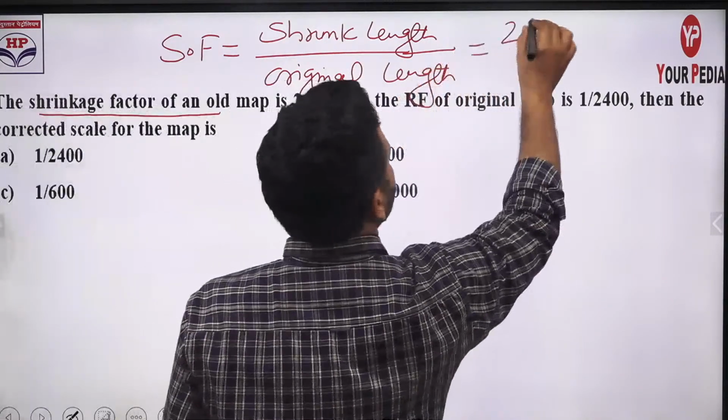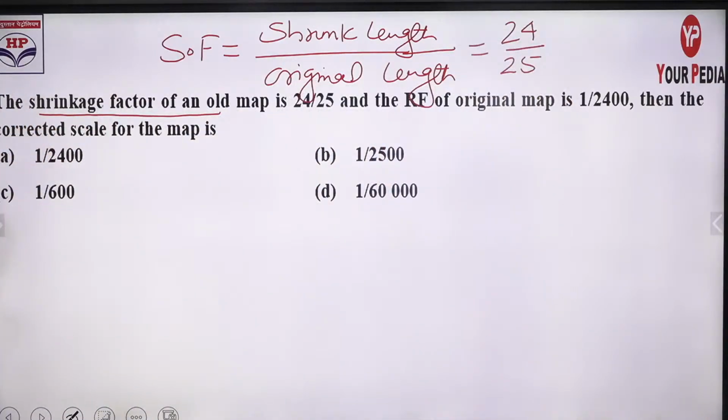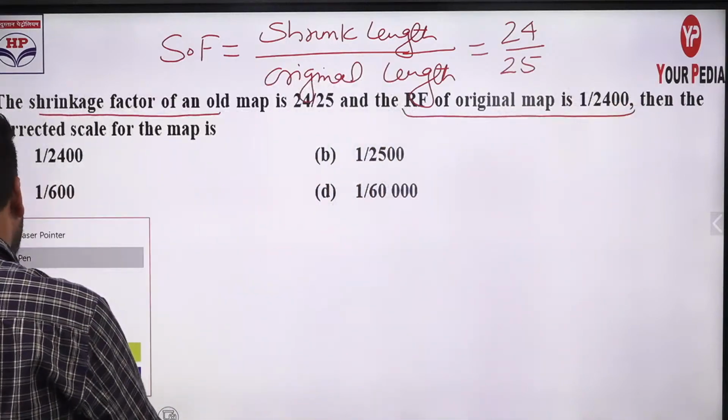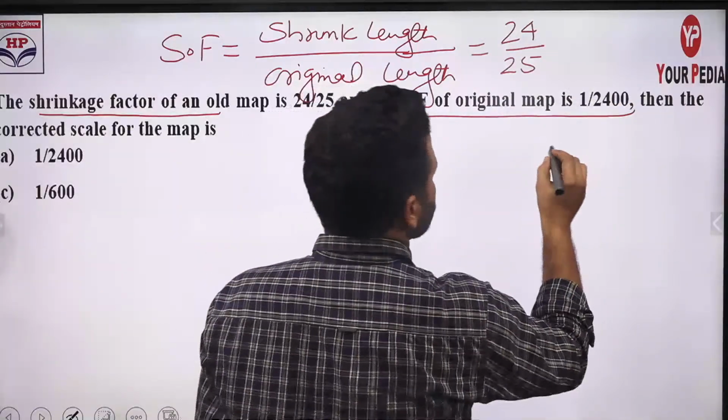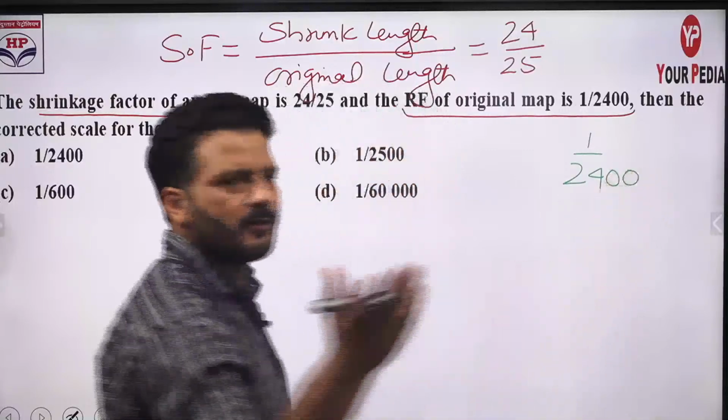This is 24 by 25. Fine. And the RF of the original map, RF is nothing but the representative fraction or factor, whatever you want to write. This is 1 by 2400. This is kind of the scale of the map, you can also call it.